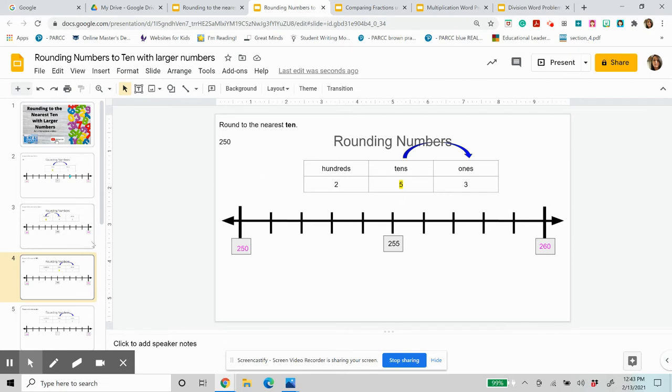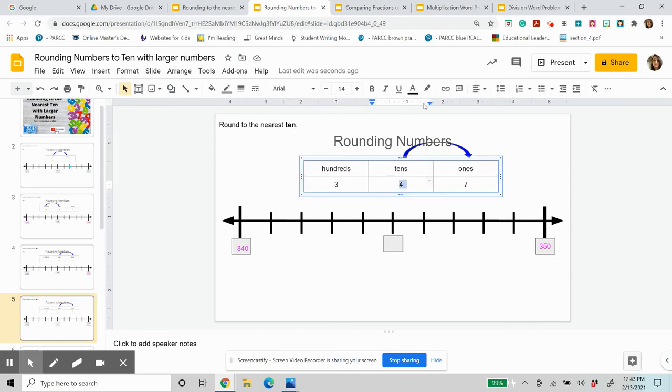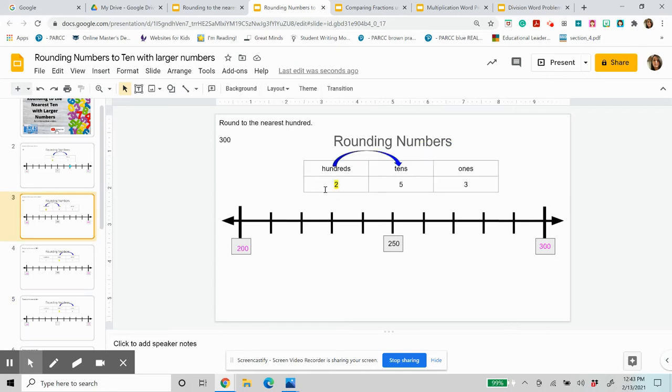So let's try the next one. Our number is 347, and it says round to the nearest 10. Here, I'm highlighting my 10. The 3 is not going to change. Back when we rounded to the nearest hundreds, remember we didn't have to pay attention to the ones.